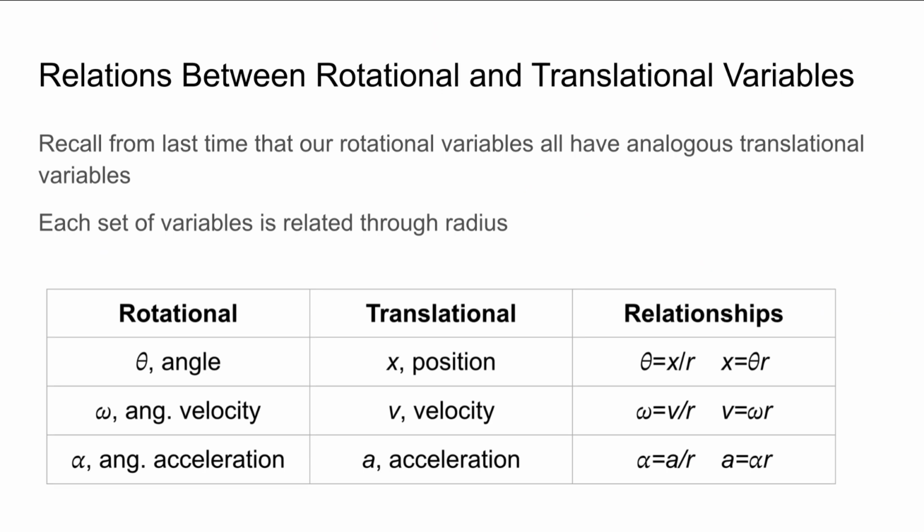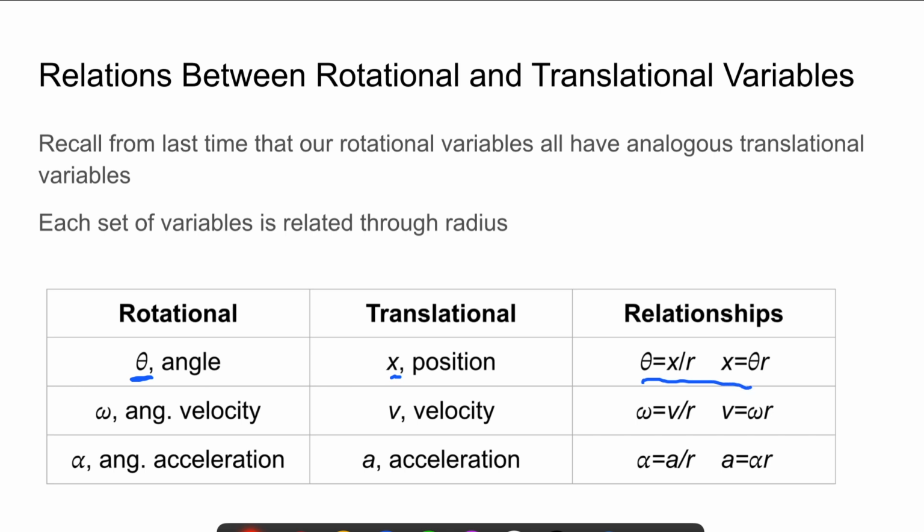So when we thought about position for translational motion, we now, in rotational motion, think about the position of an object as its angle from the center of its rotation. And we can relate those two variables, the translational position or the rotational angle, through these two equations right here.